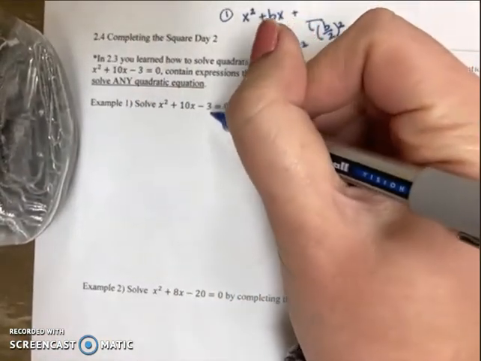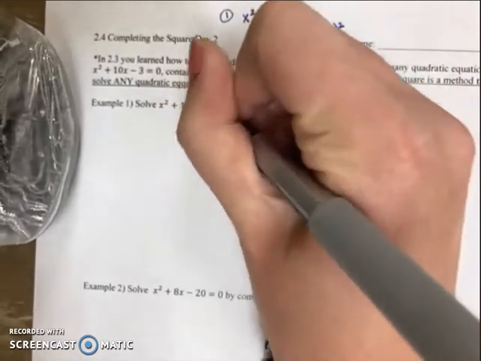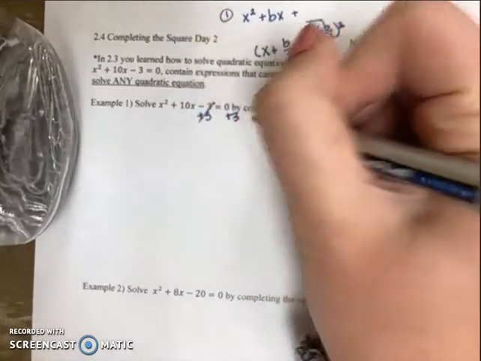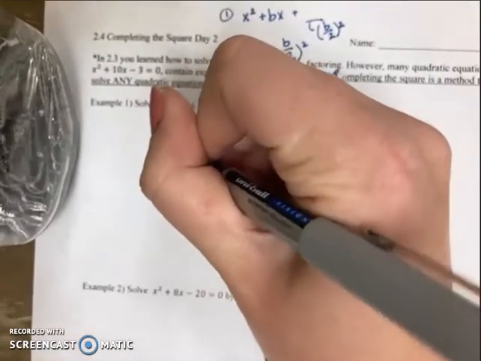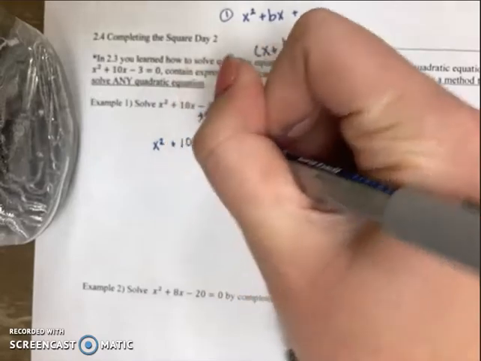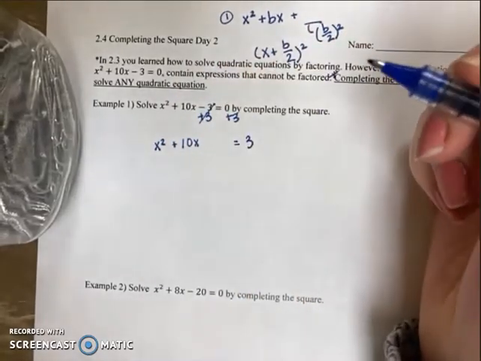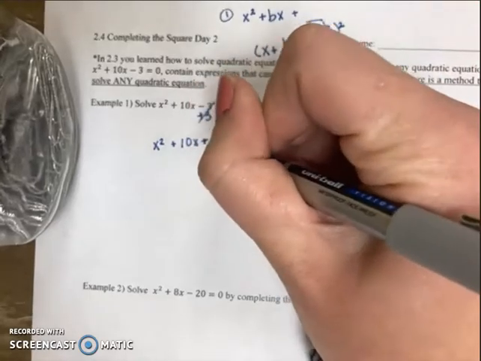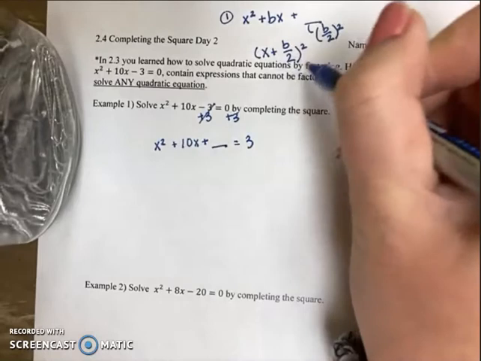I'm currently subtracting 3, which means now I have to add 3 to each side, because what you do to one side, you have to do to the other. I have x squared plus 10x equals 3.